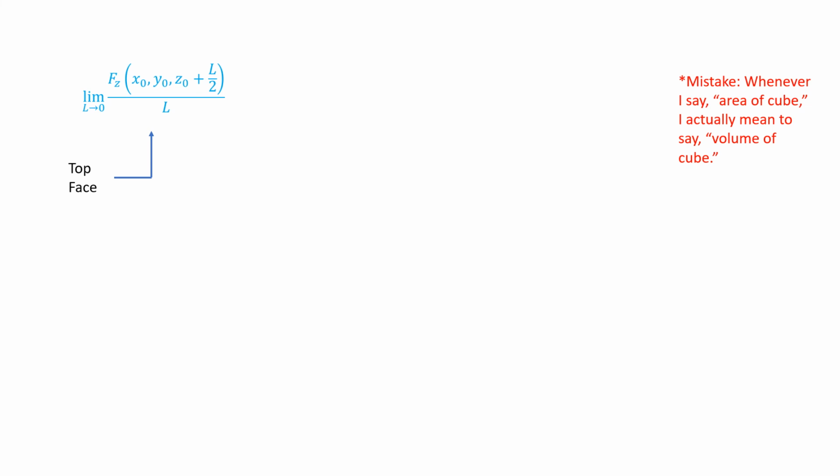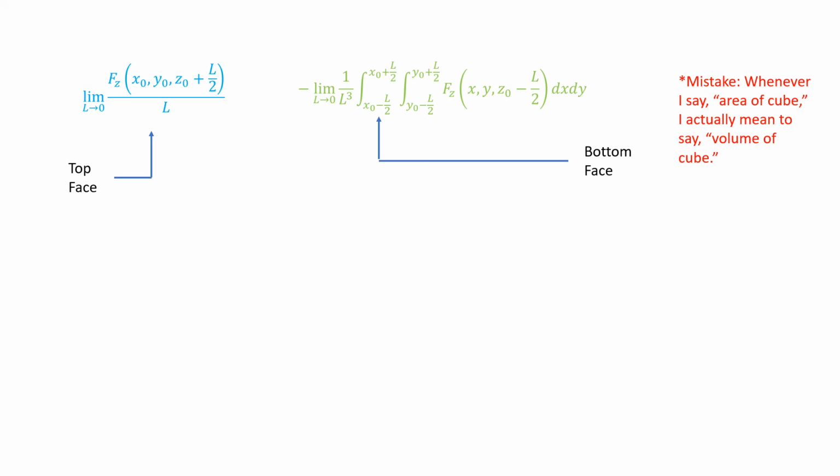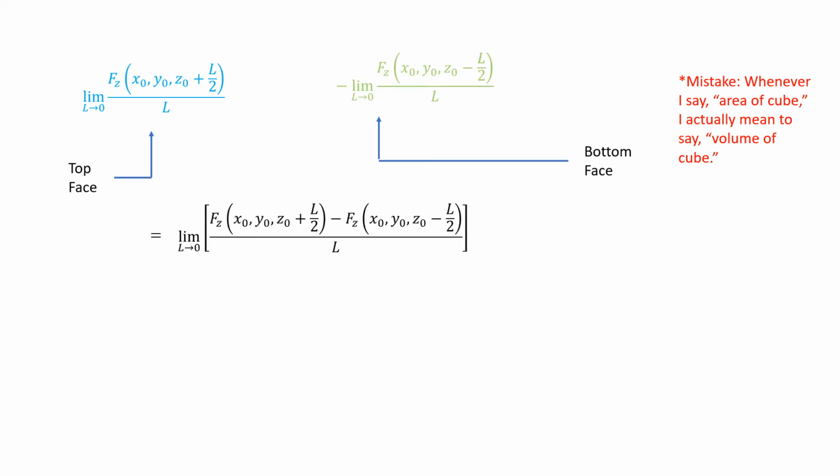So for our blue term, which is the flux across the top face of our cube, divided by the area of the cube, we add it to our green term, which is the flux across the bottom surface of our cube, divided by the area of the cube, and we obtain one of the three terms for divergence in Cartesian coordinates in three-dimensional space.